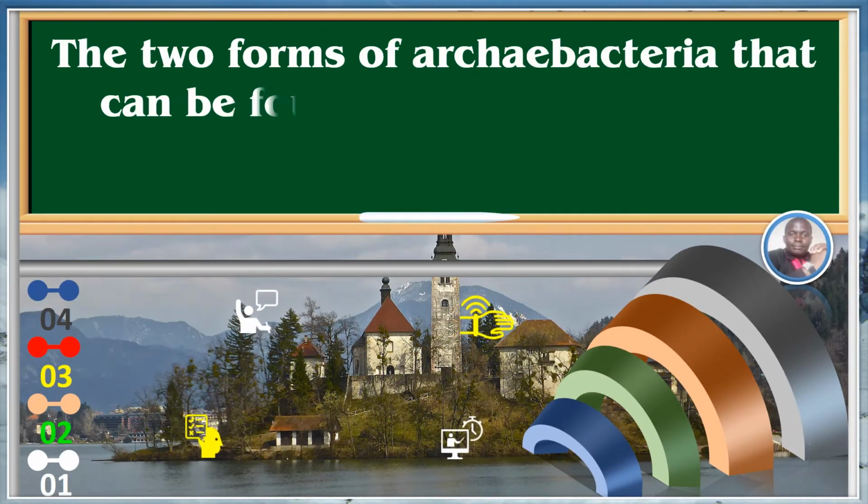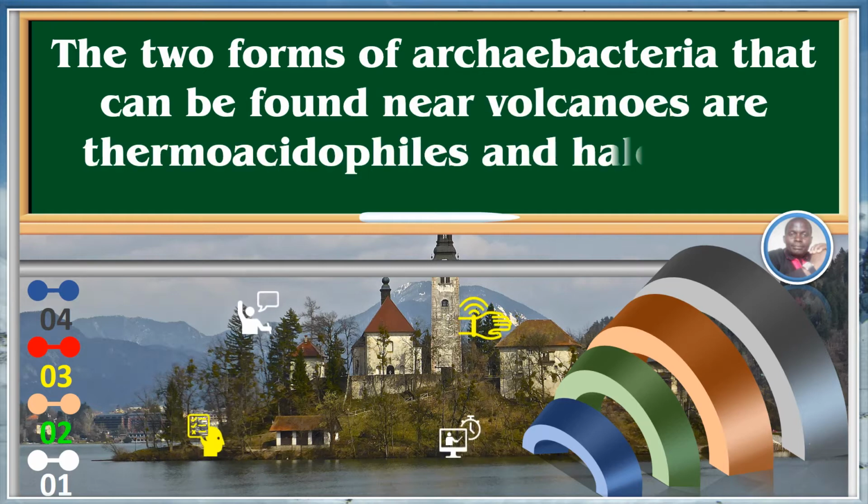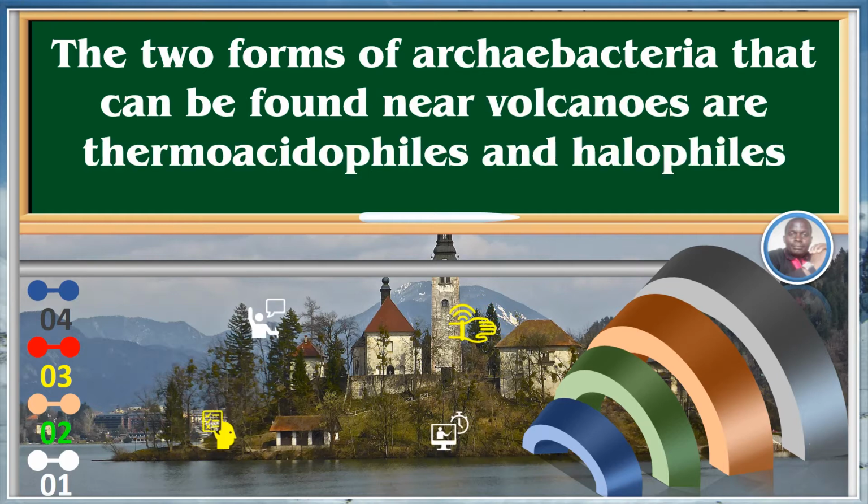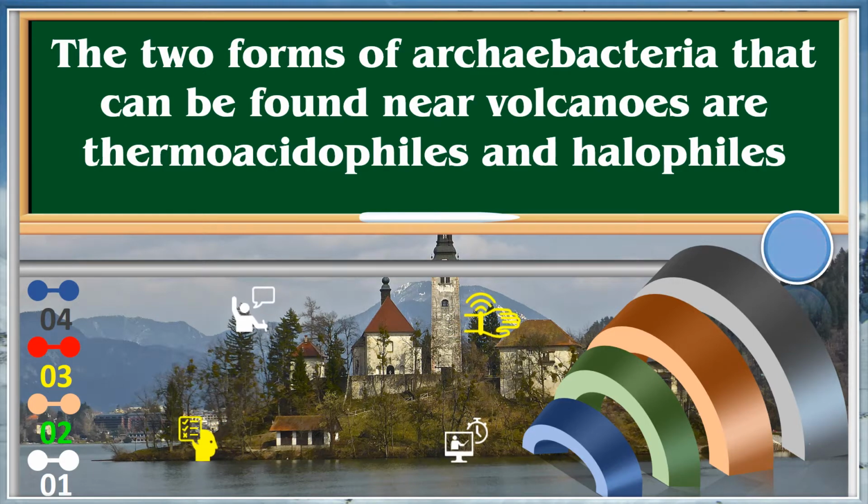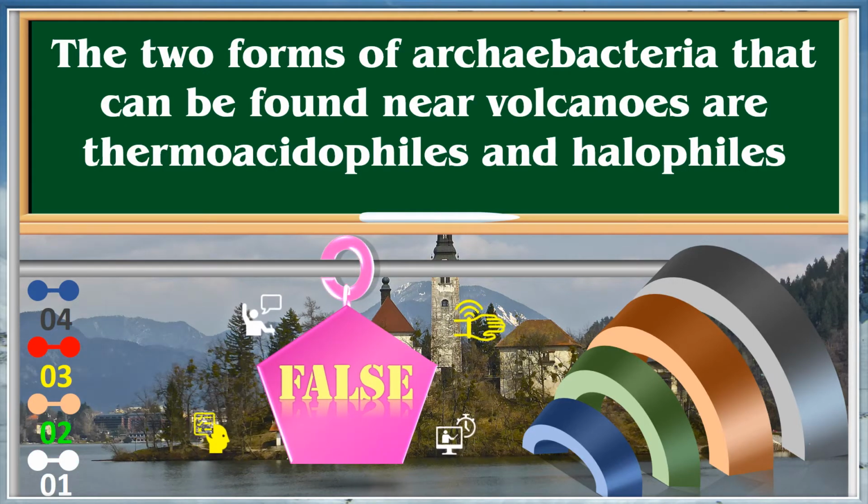The two forms of archaeobacteria that can be found near volcanoes are thermosidophils and halophils. False.